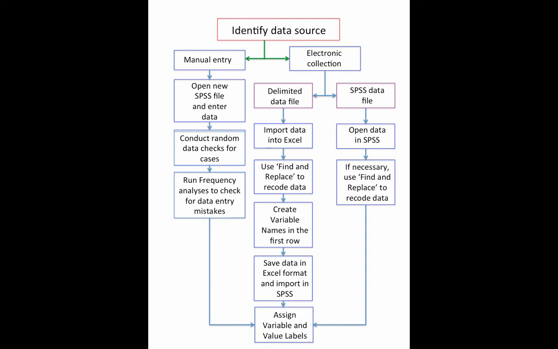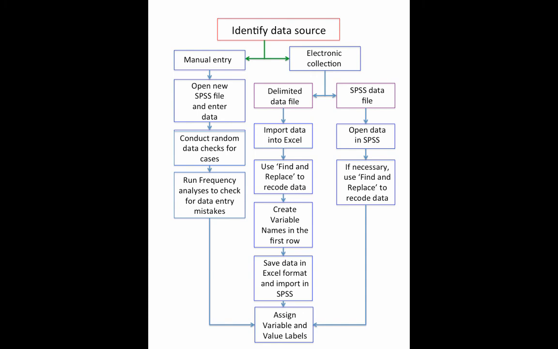But with a delimited file, that may not be the case. And so one possible workflow would be to take our delimited file and import it into Excel. Again, kind of a universal spreadsheet, and Excel handles data cleaning very well. So we can import our data into Excel.